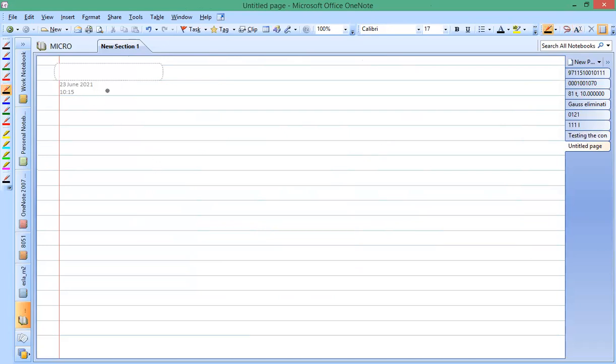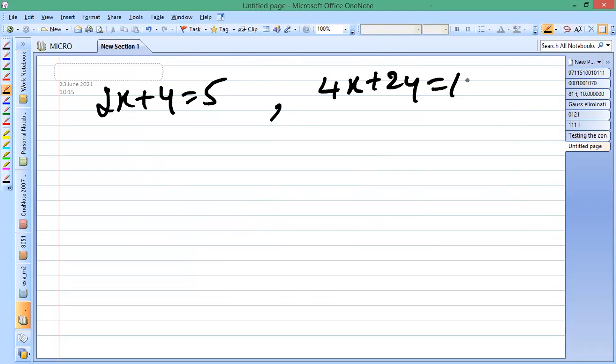Here also we'll assume 2x plus y is equal to 5 and 4x plus 2y is equal to 10. For this, check whether the given equations are consistent or not. If they are consistent, find the solution. So what we need to do?